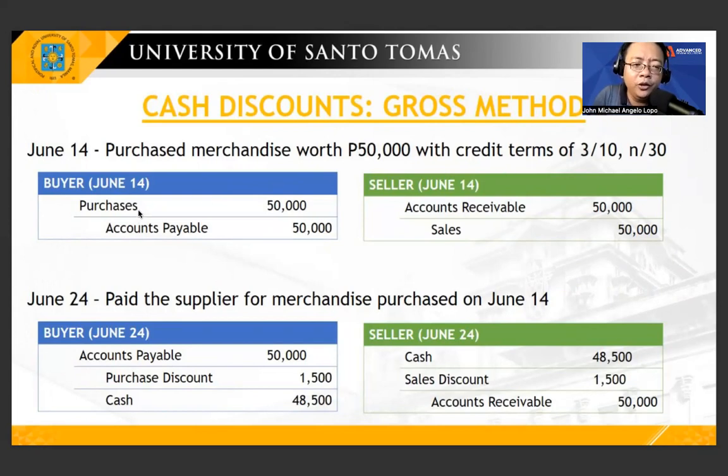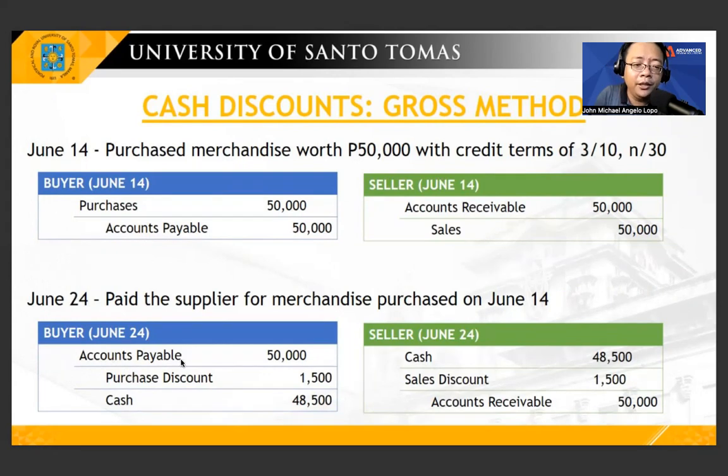Diba? Pag ikaw yung buyer, you purchase 50, accounts payable 50. On the part of seller, malamang sales mo siya and accounts receivable of 50. So you debit AR and credit your sales of 50,000. Okay? On June 24, paid supplier for merchandise purchased on June 14. So meaning there's now a discount.